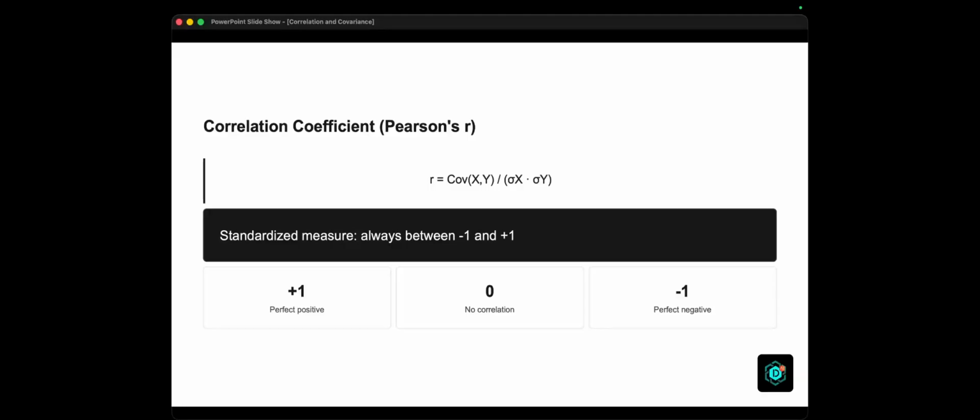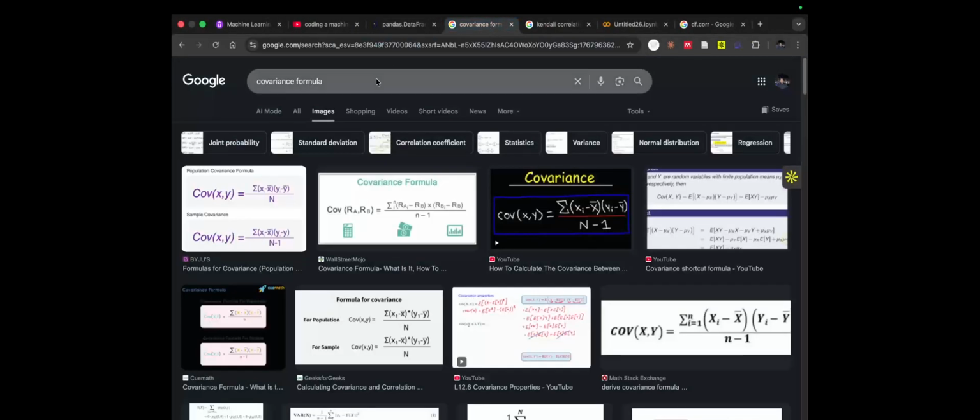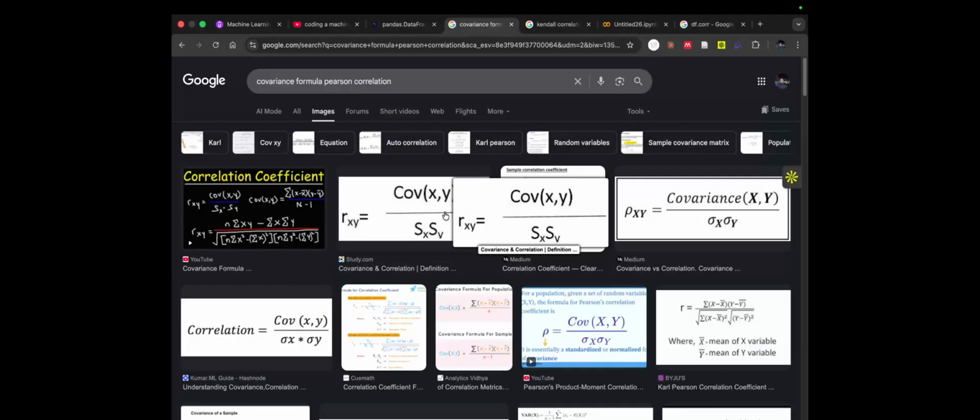What does this mean? It means that it is calculating the correlation between two columns or two variables, but keeping in mind to standardize it. It calculates the normal covariance that we know about, and it divides it by the standard deviation of x multiplied by the standard deviation of y. If you check the covariance formula for Pearson correlation, you're going to get something like this, from different websites.